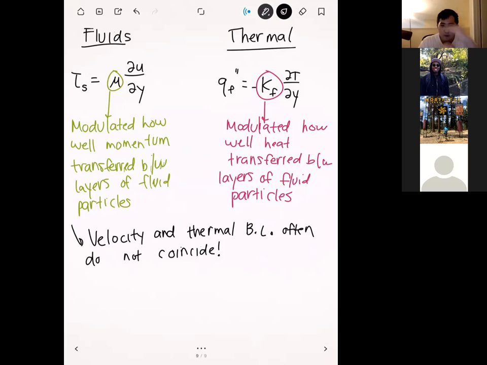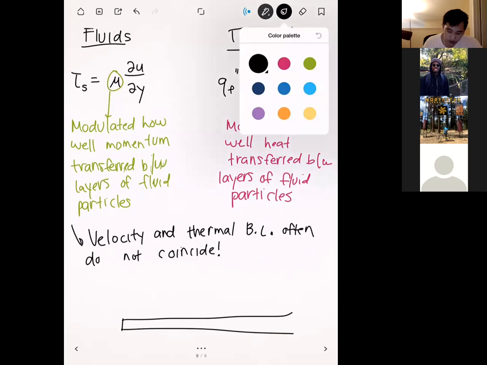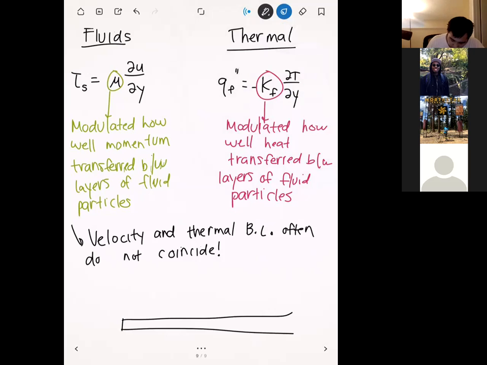Let's say we have a fluid that's not very viscous, so the viscosity is fairly low, but the thermal conductivity is very high. In that situation, you might have a fluid boundary layer that's very thin, but the thermal boundary layer might grow much more quickly. So you have two boundary layers going on, and they don't necessarily coincide.